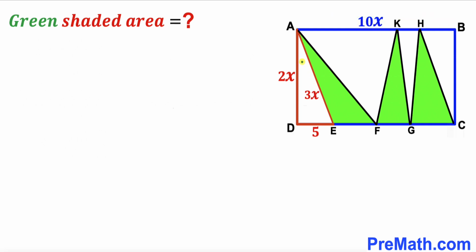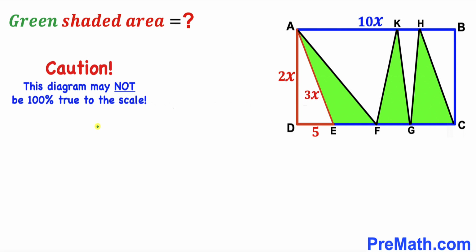And moreover, we have this right triangle ADE, whose hypotenuse is 3x, this leg is 2x, and this leg is 5 units. Our task is to calculate the area of this green shaded region, the area of all these three triangles combined.